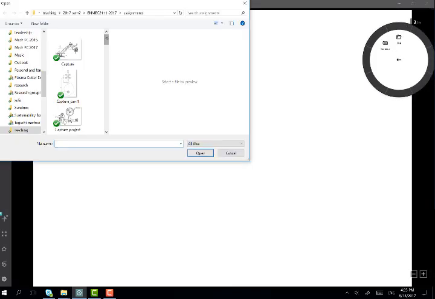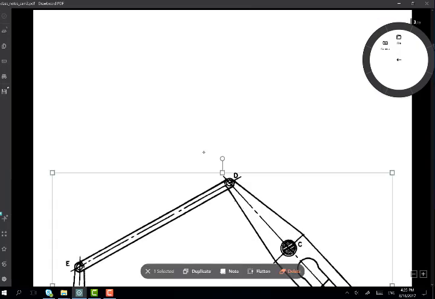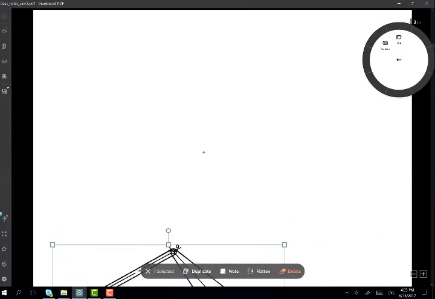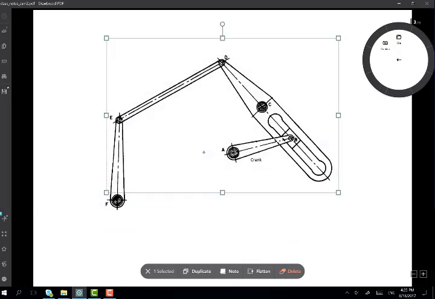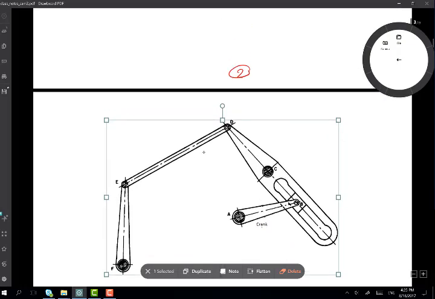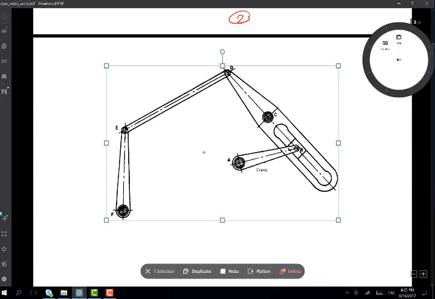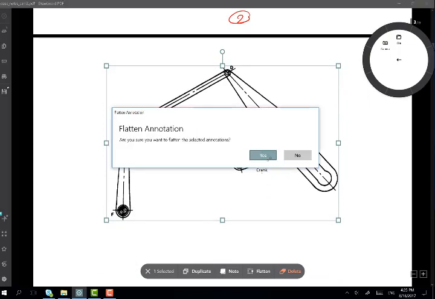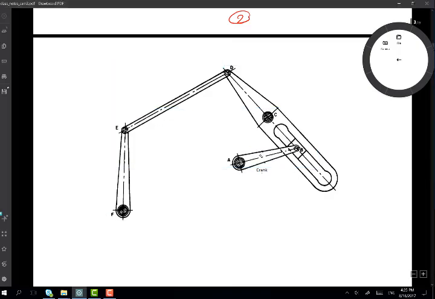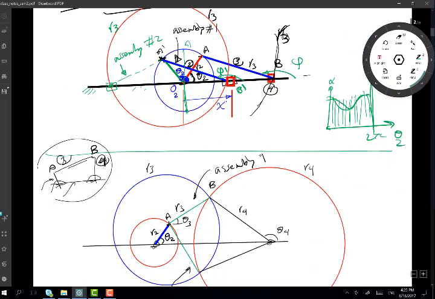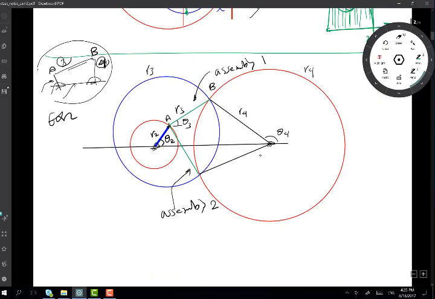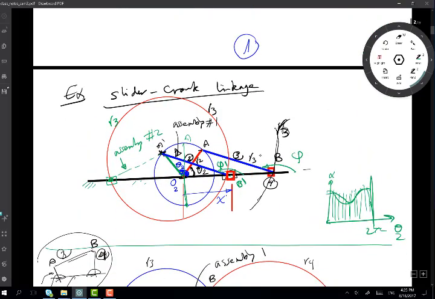Maybe this one here. Let's insert this drawing and do this as another example. I'm going to call this example 3, because this was example 2, and this was example 1.